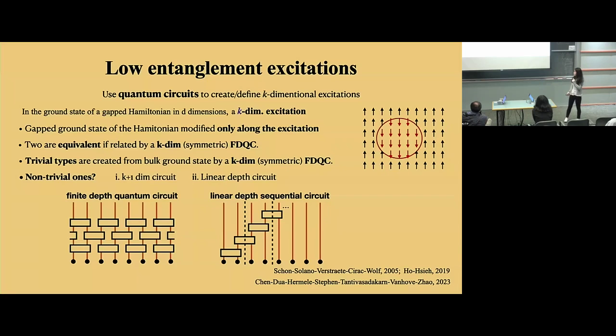So the key feature is that after this circuit, each qubit is only acted on by a finite number of gates. That's why if you do any cut in this system, the cut will only cut through a finite number of gates. So the entanglement never grows very much. It always keeps the area law.